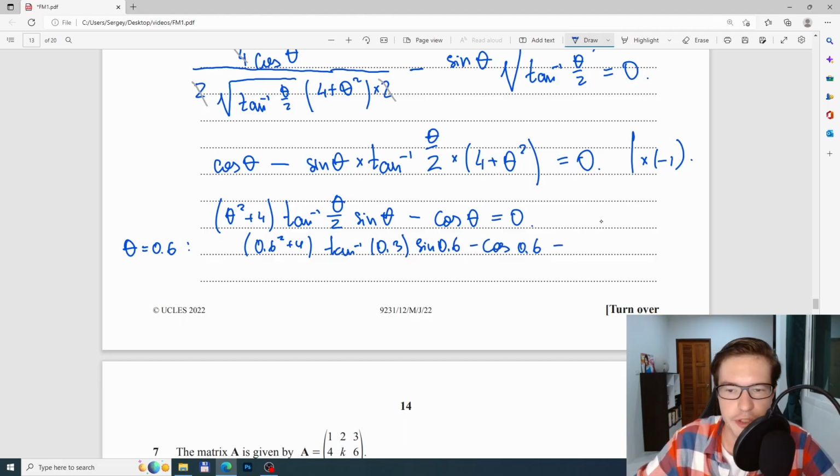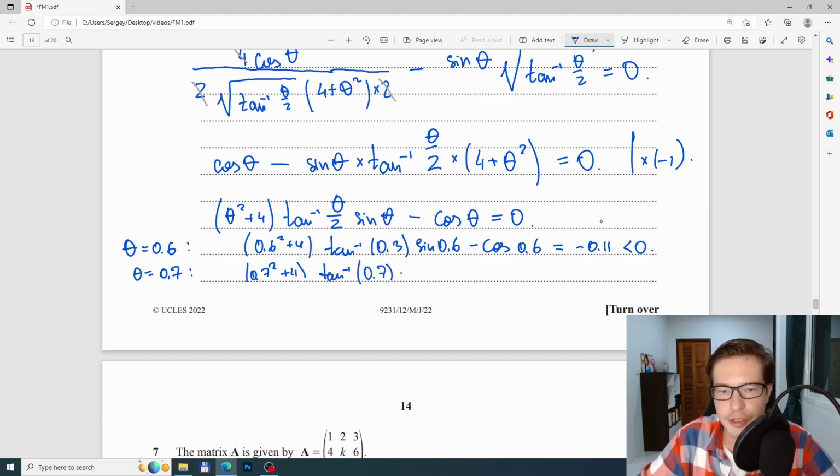If you substitute it in the calculator, you'll get minus 0.11, which is smaller than 0. If we substitute 0.7, sine 0.7 minus cosine 0.7, that will be approximately 0.21, which is bigger than 0.